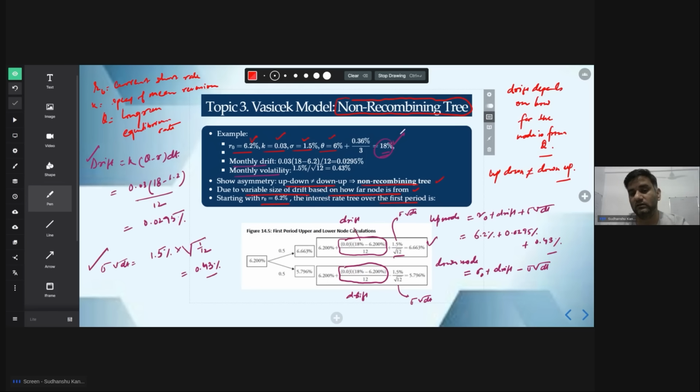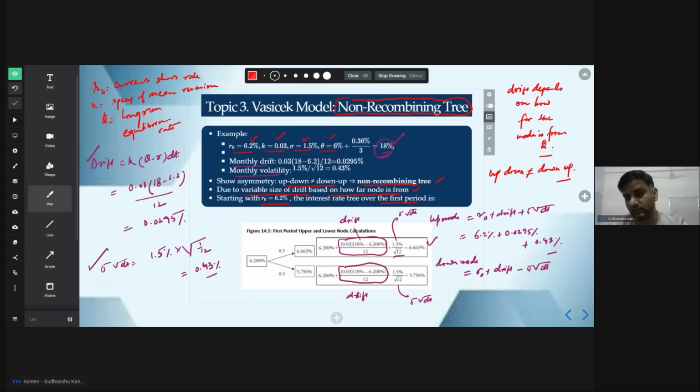So first we calculate theta, and once we have calculated theta, then k theta minus r dt, and similarly your sigma root dt, and then the up node and down node, and we understand that up down and down up are not equal. For the FRM exam, focus on knowing the formula for node rates under Vasicek.